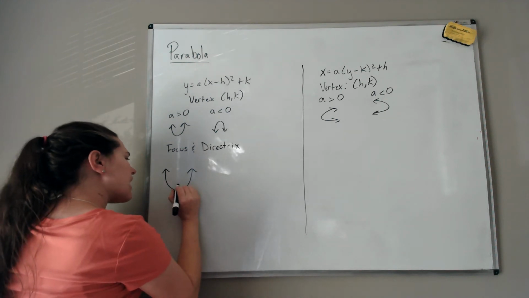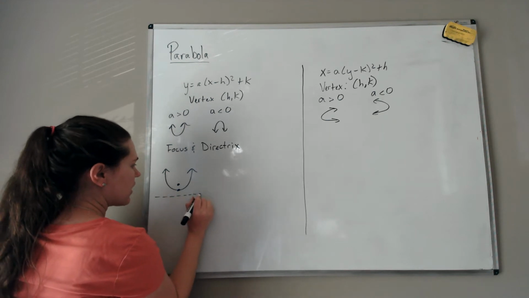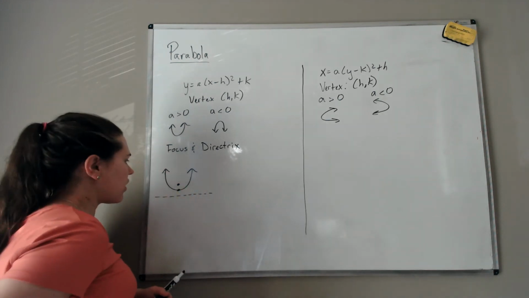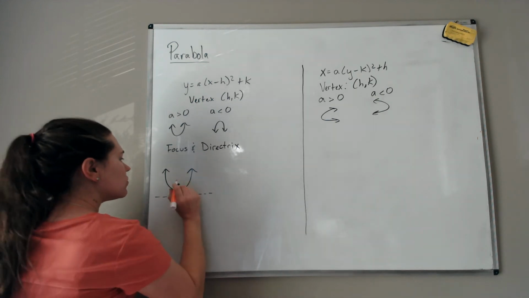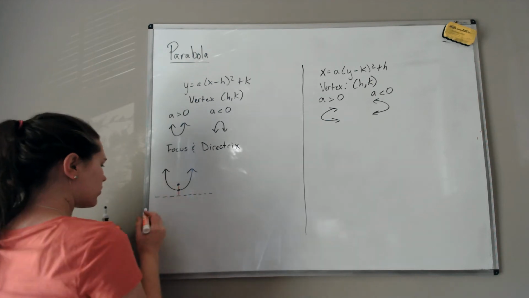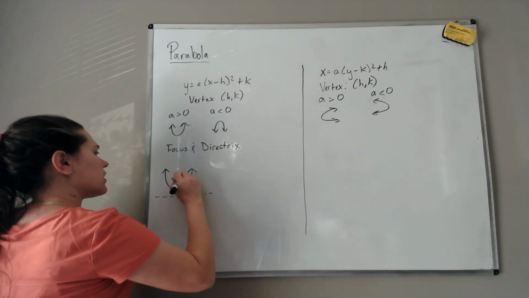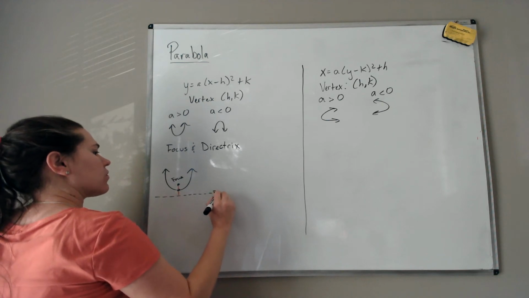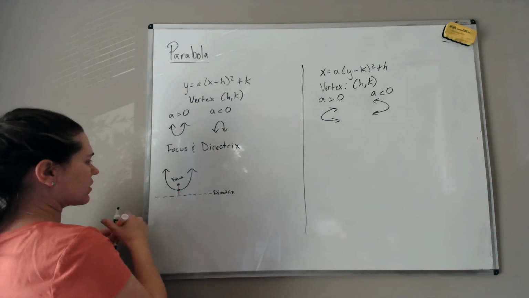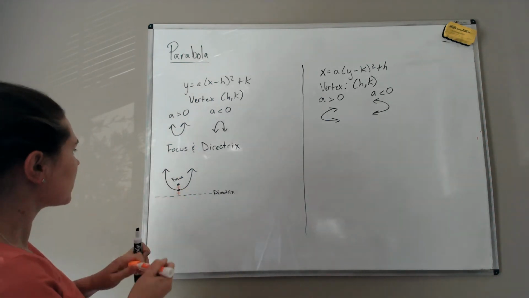The focus is actually inside here, and the directrix is actually a horizontal line outside here. The point right there is called the focus, and this horizontal line is called the directrix. The distances from the vertex to the focus and from the vertex to the directrix are equal. This length right here is equal to this length.